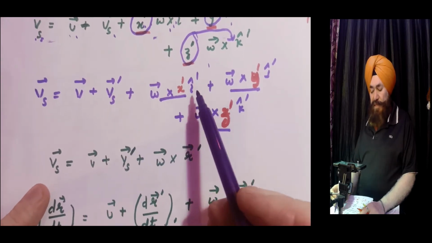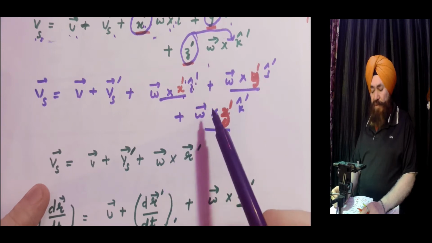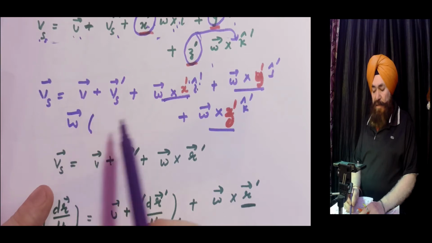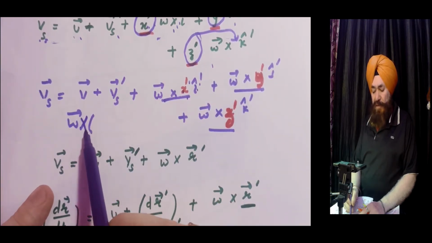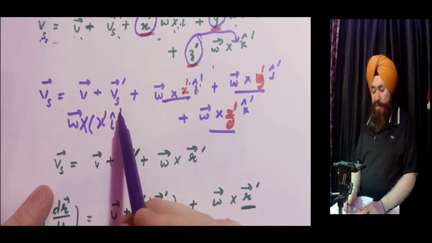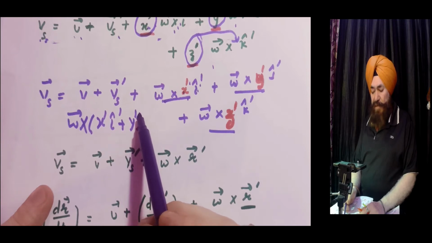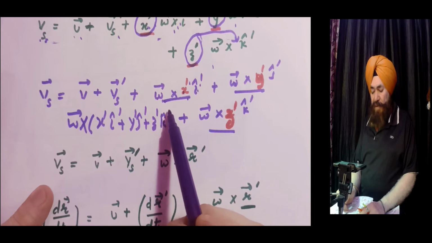Now what is x dash i cap dash? From these three terms, omega vector cross is common: omega cross x dash i cap dash plus y dash j cap dash plus z dash k cap dash.